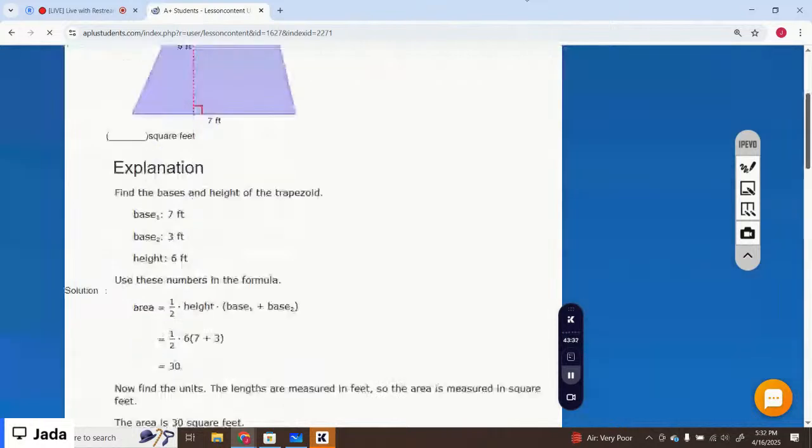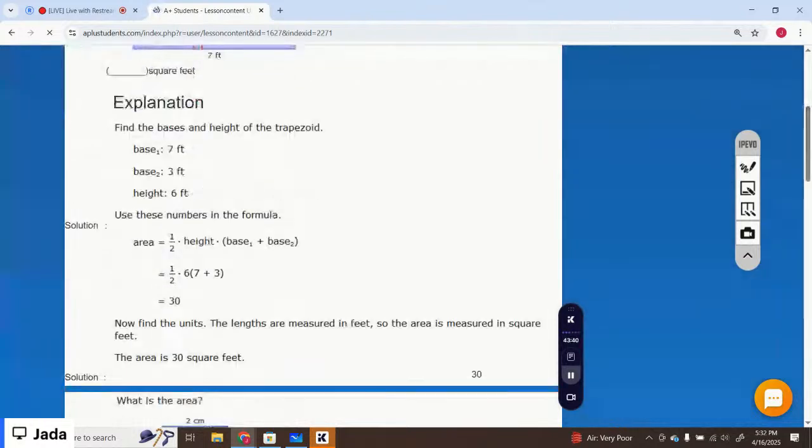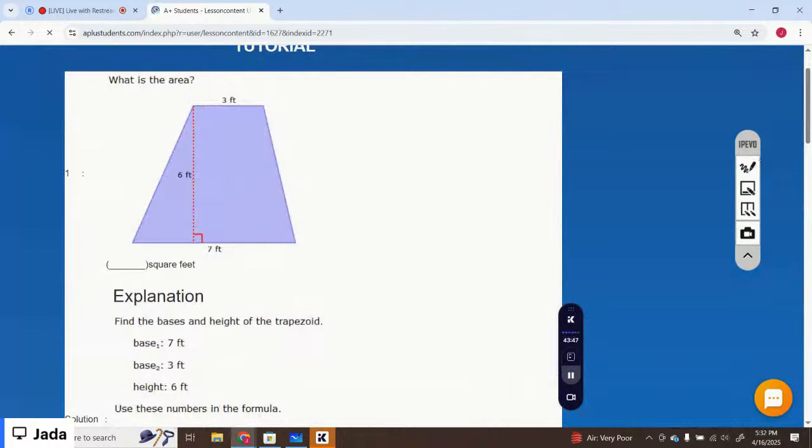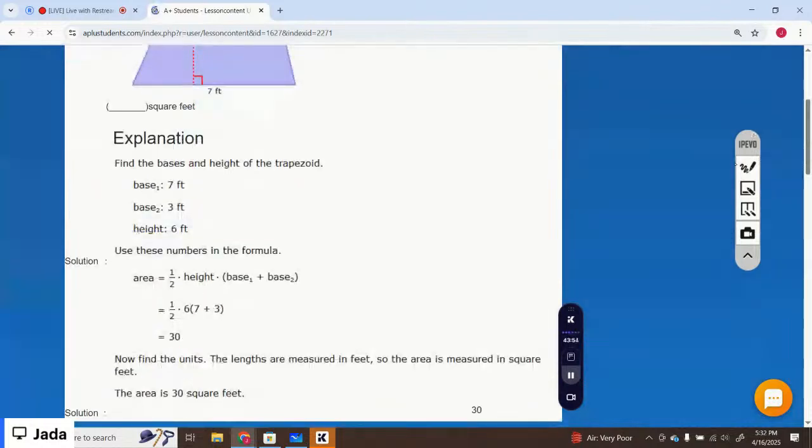So the area is half times height, base 1 plus base 2. The trapezoid has two bases, 3 and 7. They both are the bases. So you have to do half times height, base 1 plus base 2.